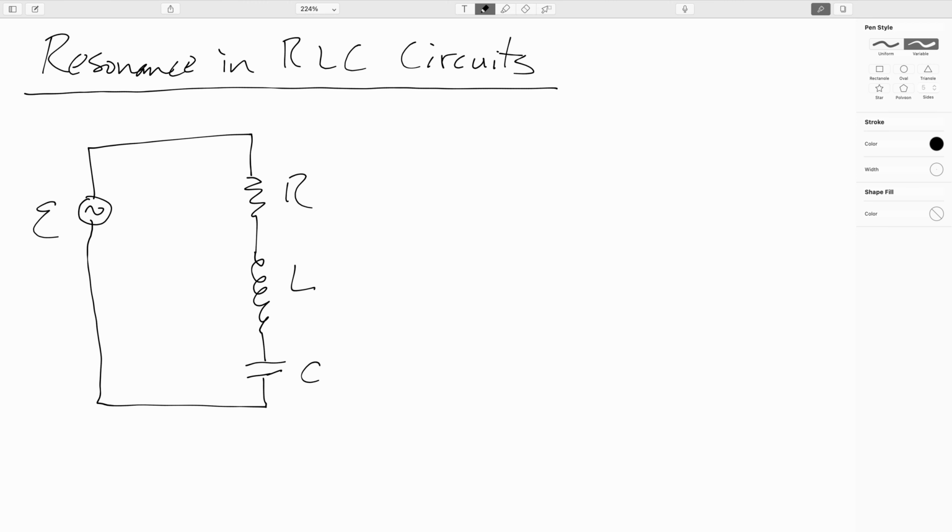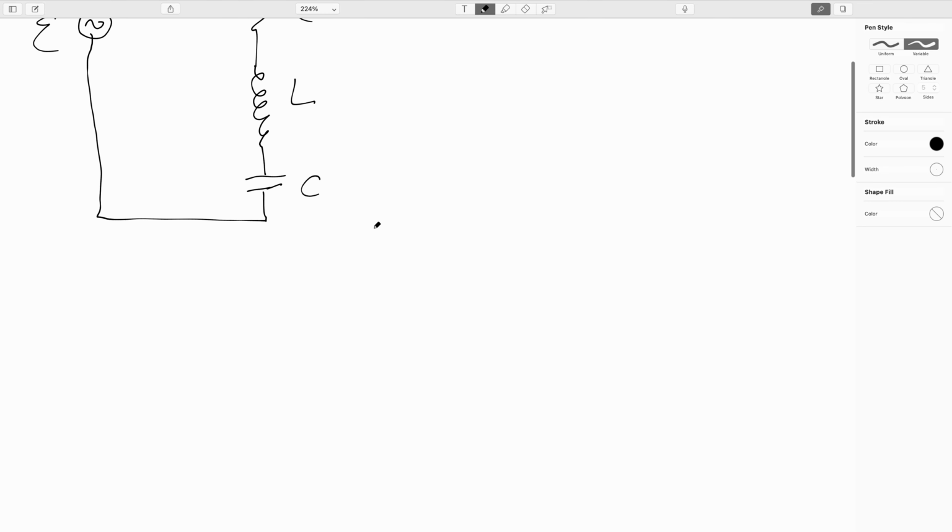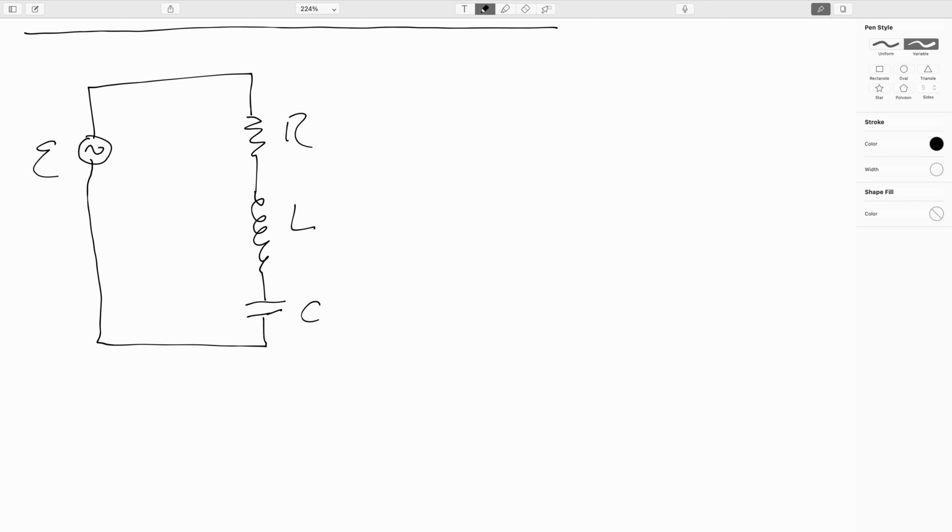Okay, so I hope we can agree that since this is in series, the current is the same everywhere. So this means that at any particular time, all of the circuit elements will be sharing the same current phasor.